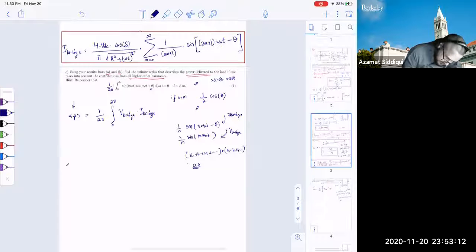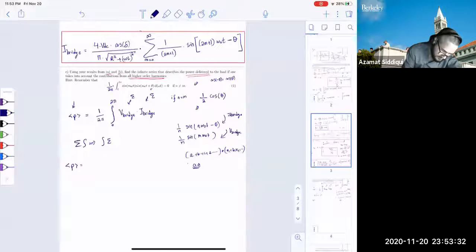So then, let's see, average power is equal to this, which is a sum, and this is also a sum. We know that the sum of an integral is the same thing as the integral of a sum, right? So since we have a sum of an integral right here, we can go from here to here and write it down like that. Let me factor out all the constants first, because that way it would be easier.